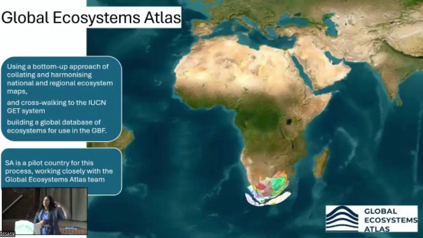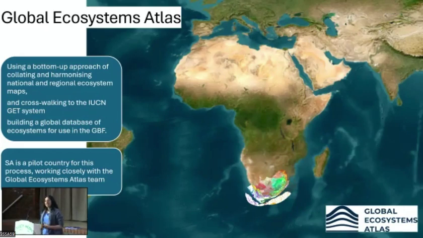And one of the reasons that this goes, of course, it goes to the IUCN database, but there's a second global process that's related that will also piggyback on the IUCN group's work. There's a global ecosystem atlas project. So what they are doing is they are trying to collate a huge atlas of all the maps of ecosystem types that's available from around the world.